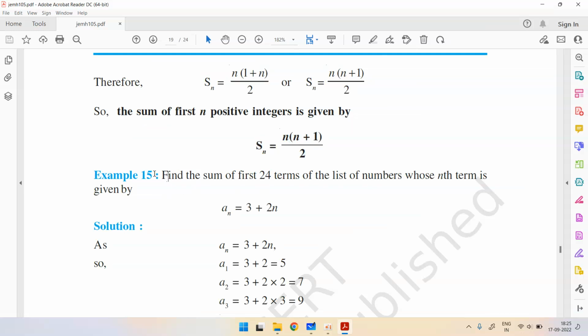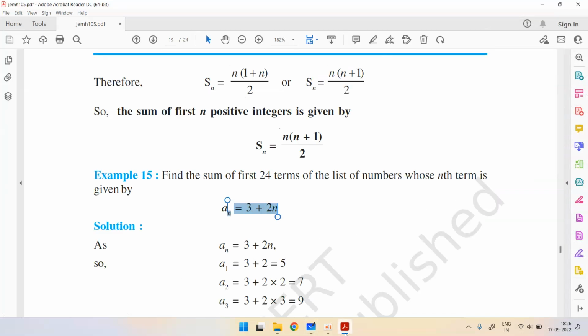Now, next is example 15. Find the sum of the first 24 terms of the list of numbers whose nth term is given by 3 plus 2n.